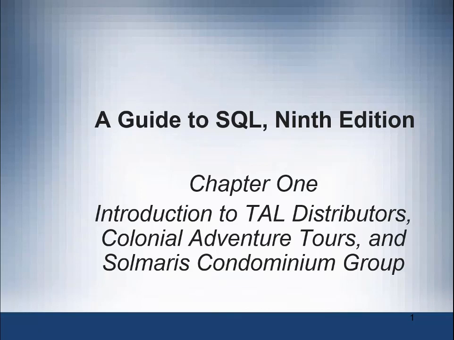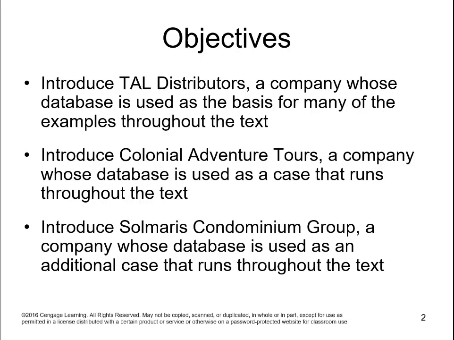All right, so let's get started and talk a little bit about the fact that your book has, I think, three different data examples that we're going to be using. A lot of times you're going to see information about the TAL distributors, Colonial Adventure Tours, and the Solmaris condominium group.